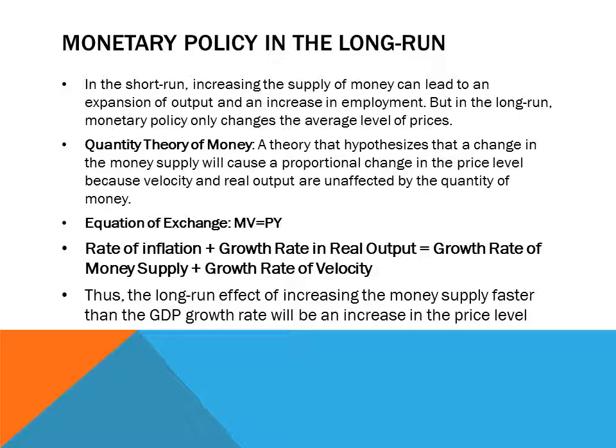The rate of inflation plus the growth rate in real output, or GDP, should equal the growth rate of the money supply plus the growth rate of velocity. Thus, the long-run effect of increasing the money supply faster than the GDP growth rate will be an increase in the price level. Holding GDP constant, we should see that the rate of inflation in the long run is equal to the growth rate of the supply of money.